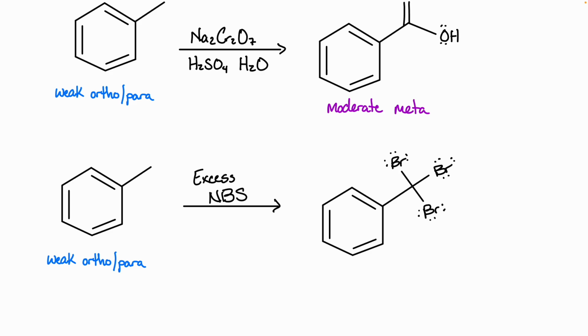And that fully brominated carbon there would be a strong meta director. So again, converting something that was an ortho-para director into a meta director using one of those reactions at the benzylic position.